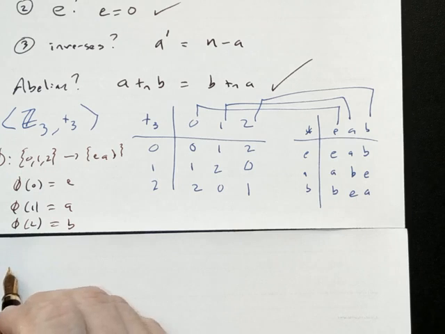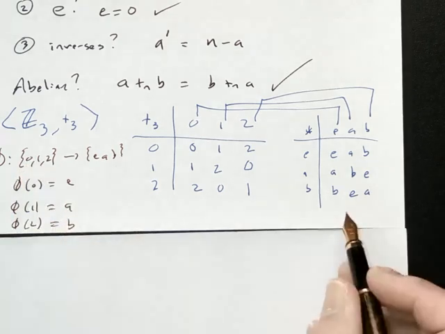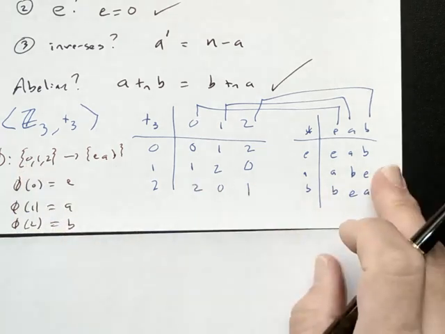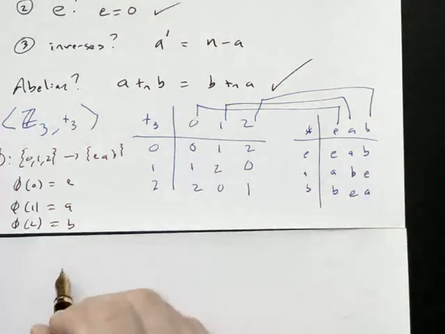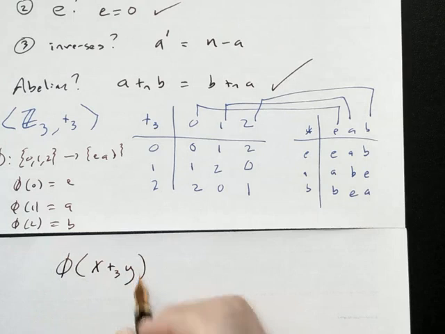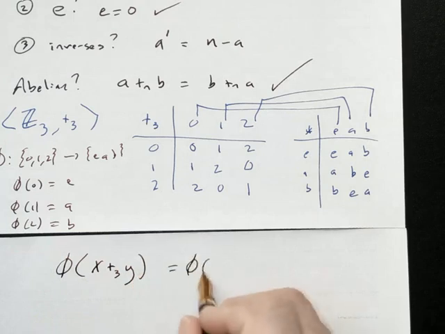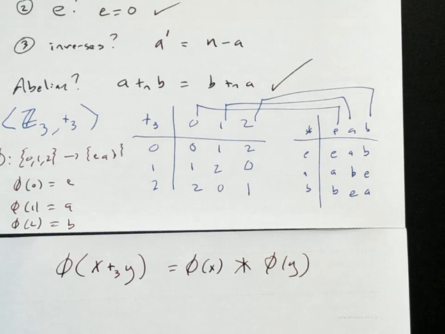If you take two numbers here and add them, you take two symbols over here and star them, you get the same result here as you do here. Well, since the tables match up perfectly, I know that's true. Phi of x plus y is equal to phi of x star phi of y. So the way this operation behaves, addition mod 3, is the same as the way this operation star behaves in its set of things.